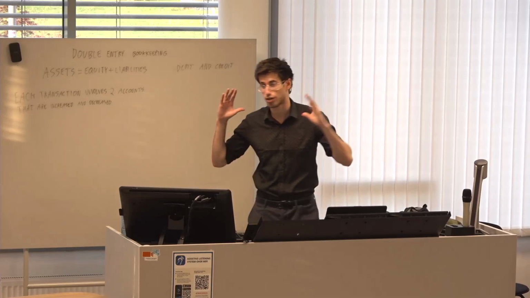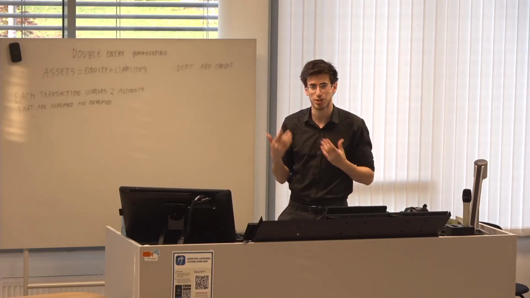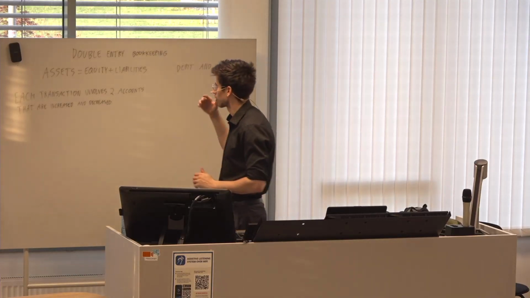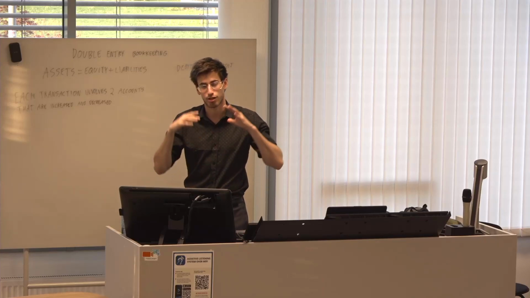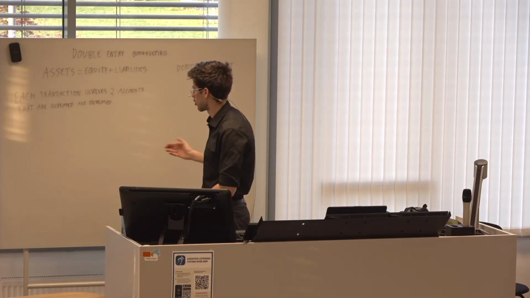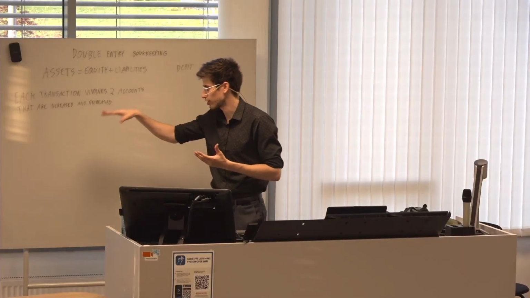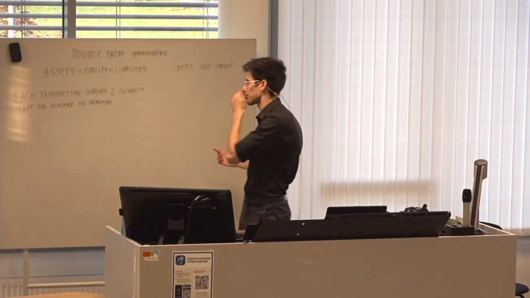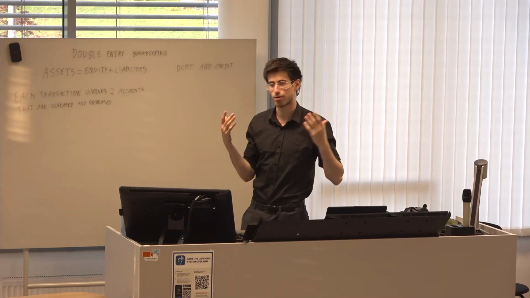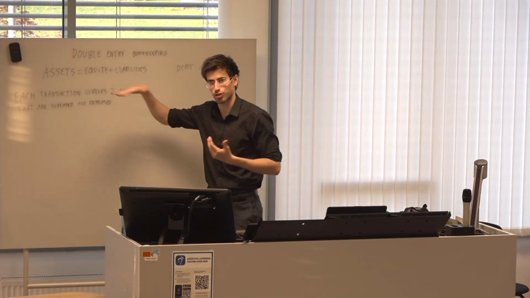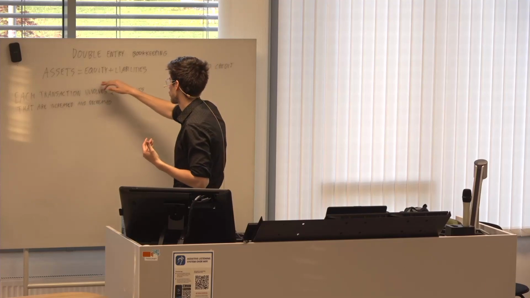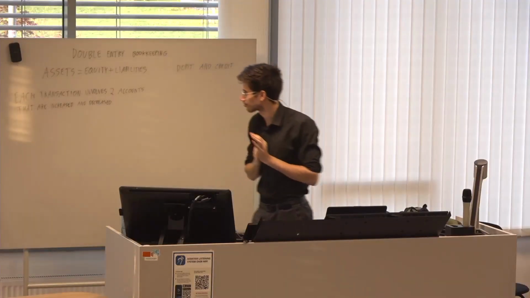So the double entry bookkeeping system essentially is the bookkeeping of accounts where each transaction involves two accounts that are increased and decreased. And to understand this better, we need to go back to the accounting equation where assets are equal to equity plus liabilities.